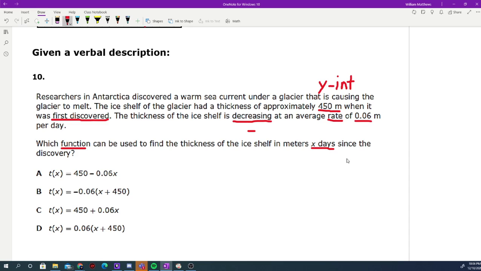of 0.06. So now I know that it's going to decrease. It's going to subtract 0.06 meters per day. Another key phrase is our per day portion.